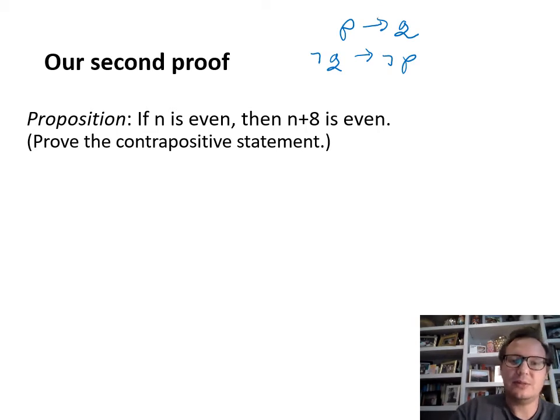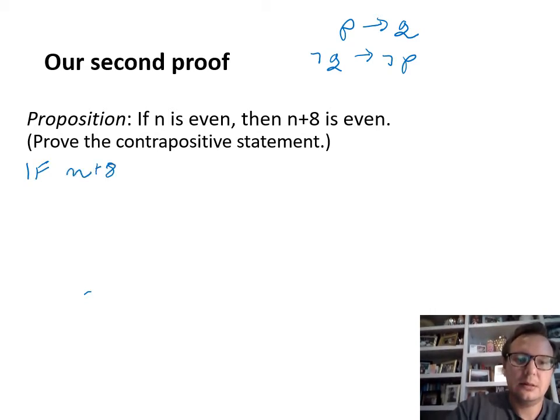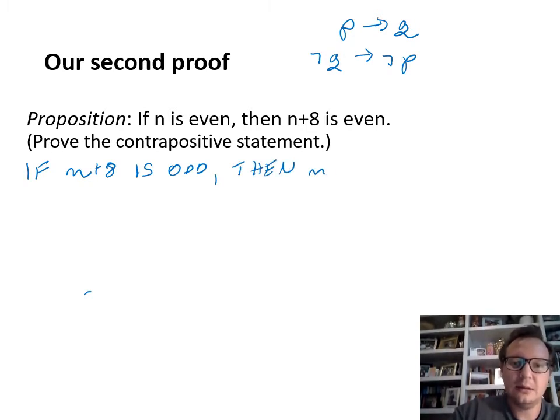So the contrapositive of this proposition is if n plus 8 is odd, then n is odd.